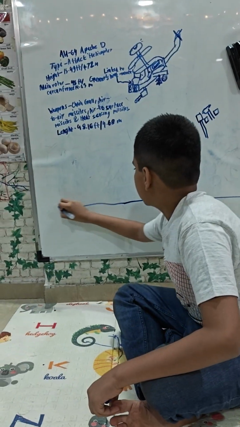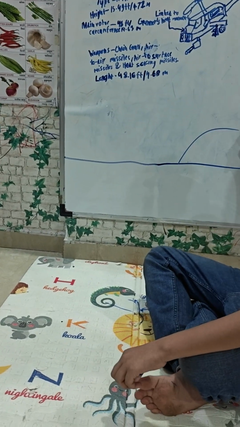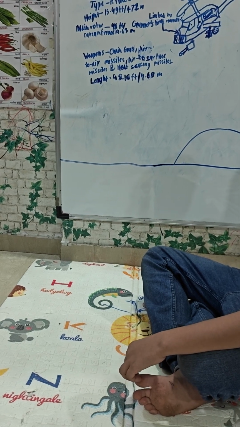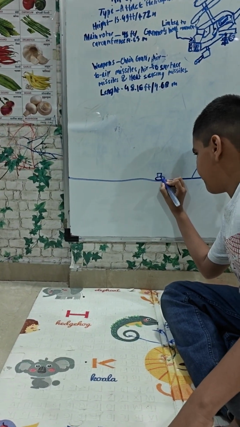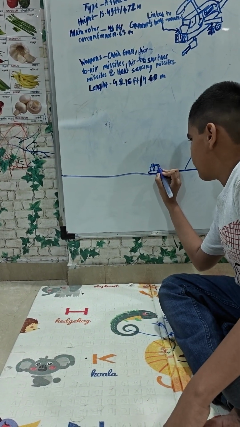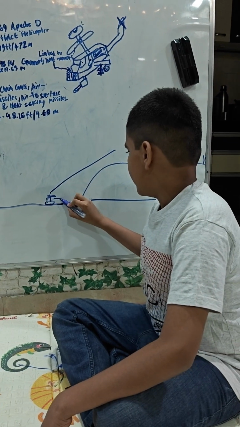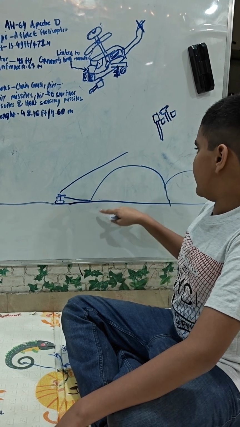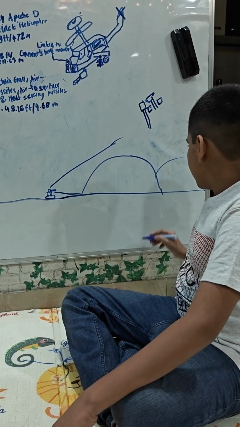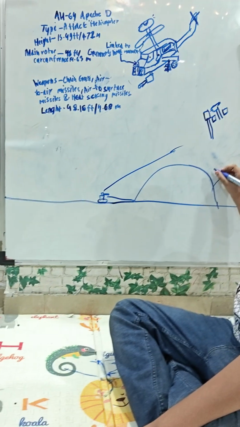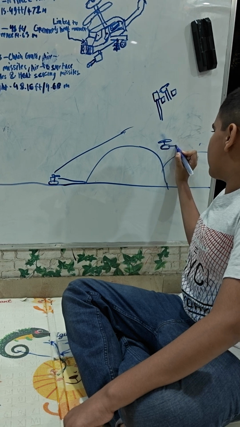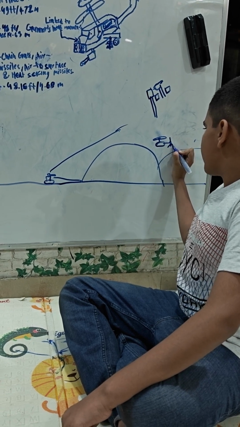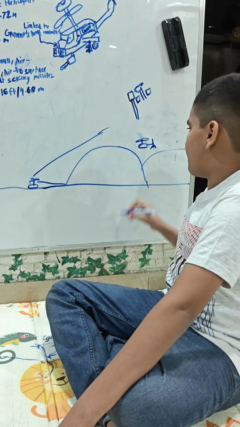Well, just imagine this is the ground. Here there are hills, and here there is our target. So here it will actually have its view till the hill and also above it. And the Apache helicopter can swiftly emerge from the hills or from behind trees. Well, I made this as a drawing of the Apache.